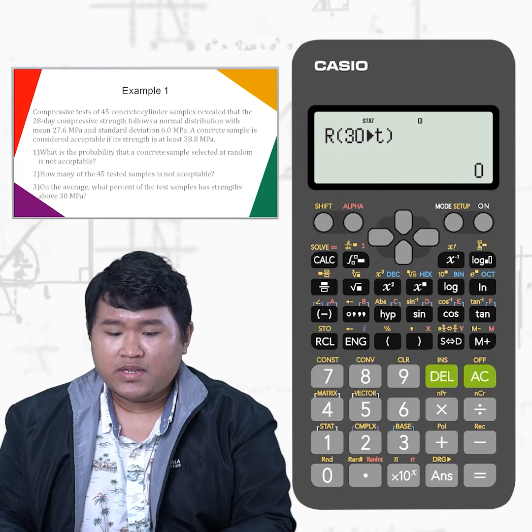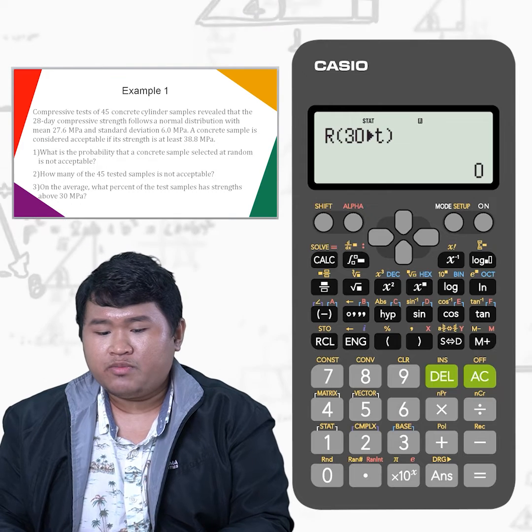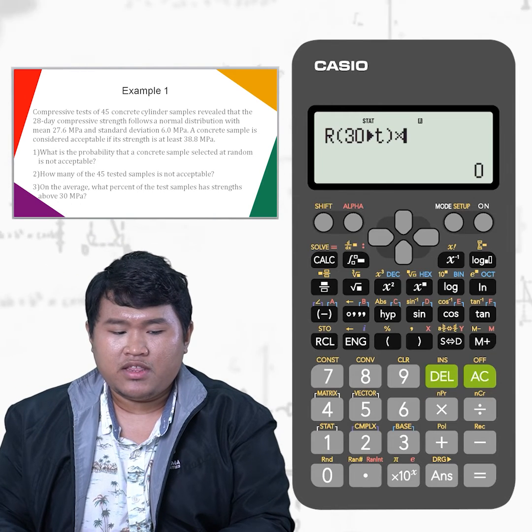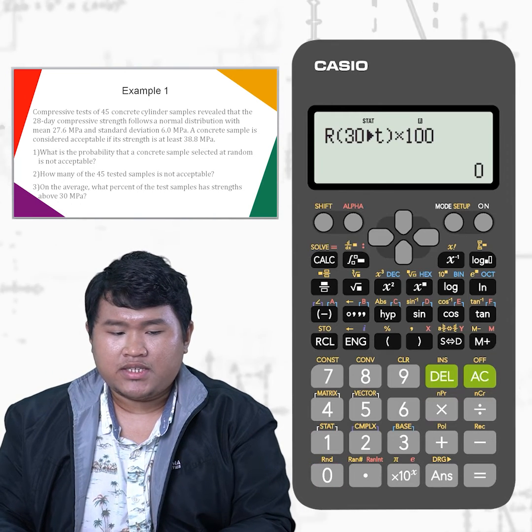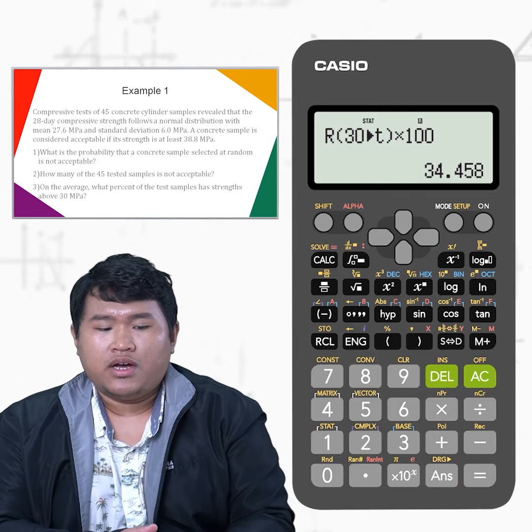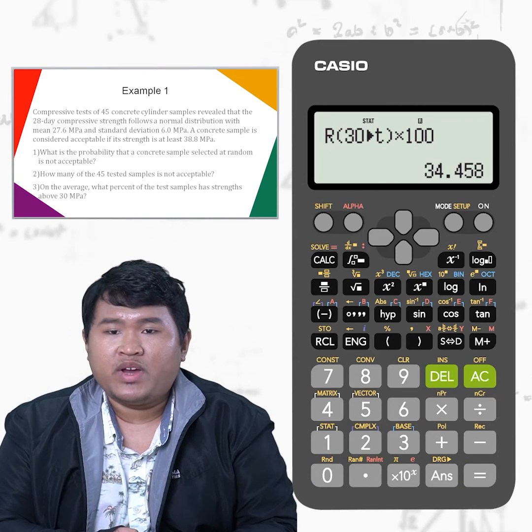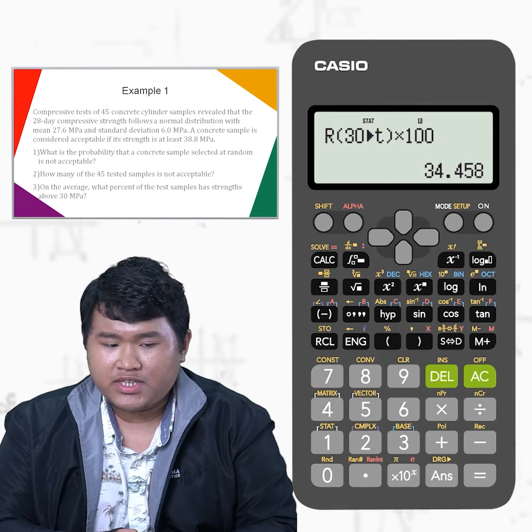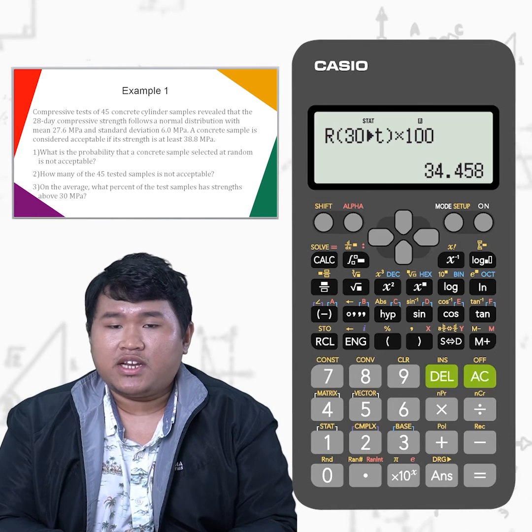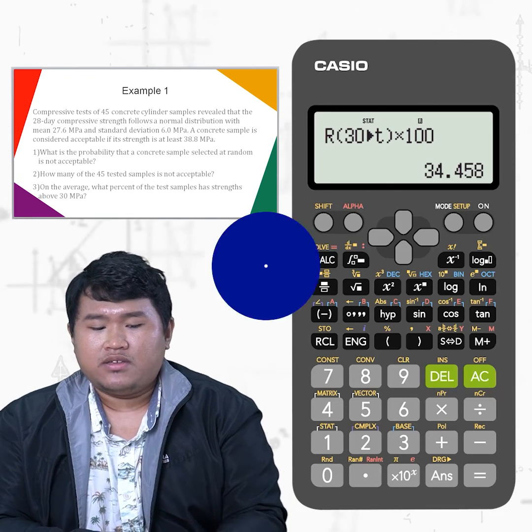Now this is in decimals, so to output the result in percent, let's multiply by 100 and press equals. Now the answer is 34.458%. 34.46% of the samples have strengths above 30 megapascals.